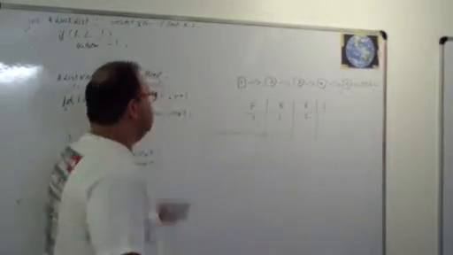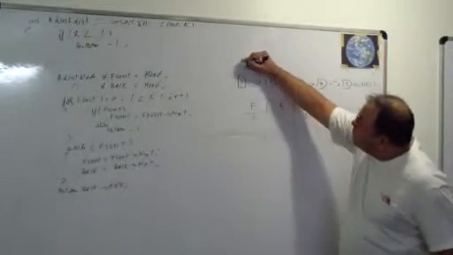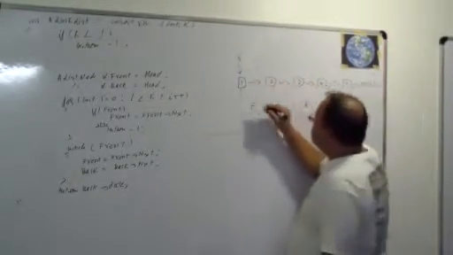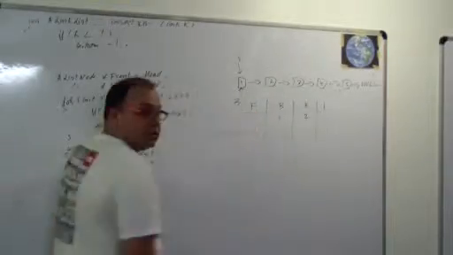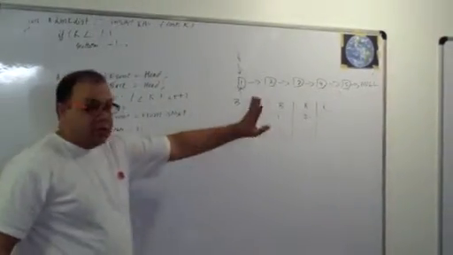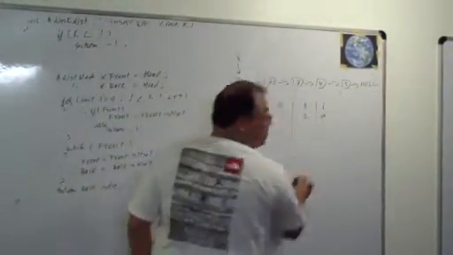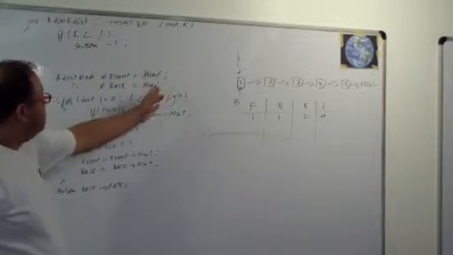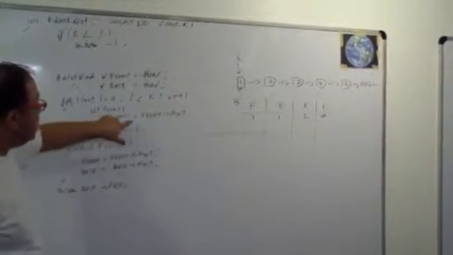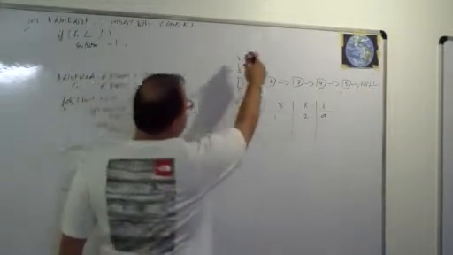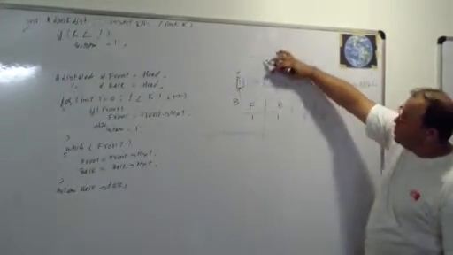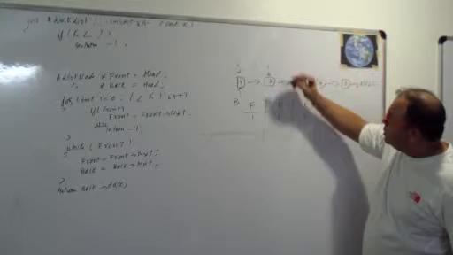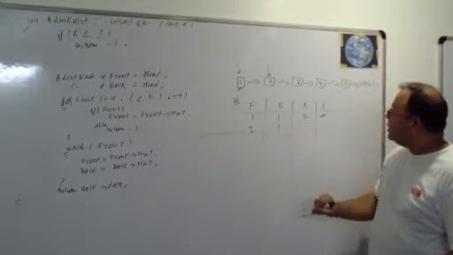Front was here, back was here. I is equal to 0. Front exists, so front is equal to front arrow next. Front came over here. So front is at 2, back is at 1.